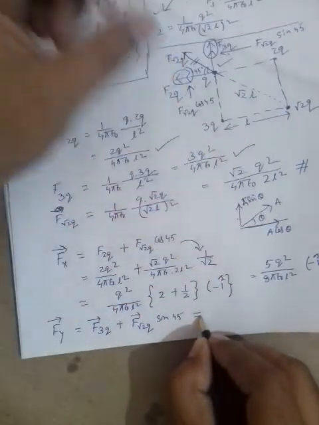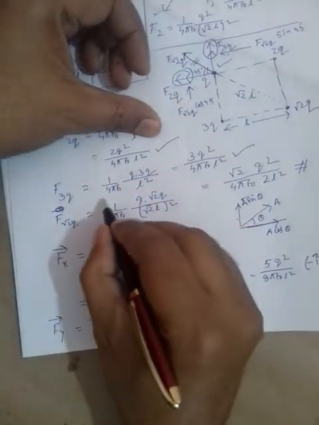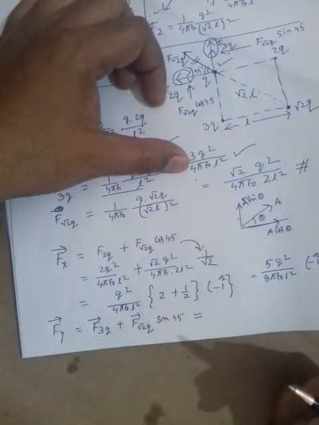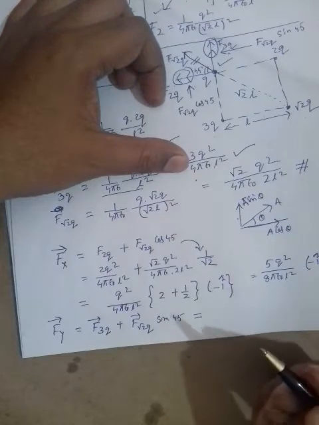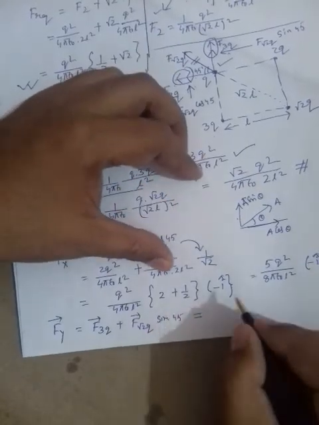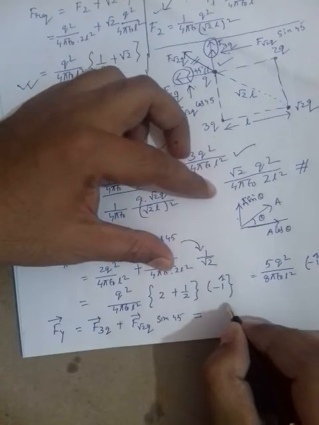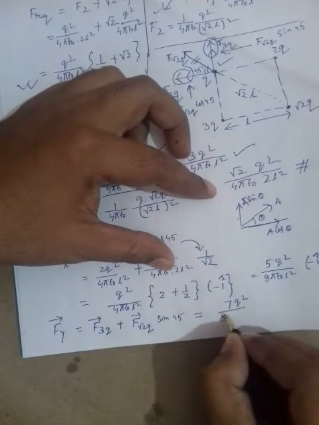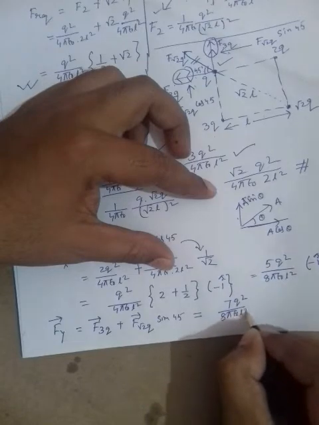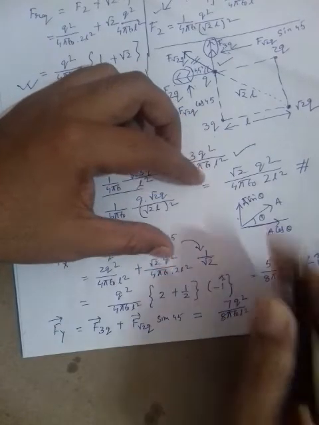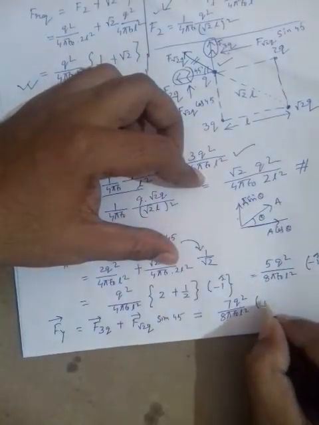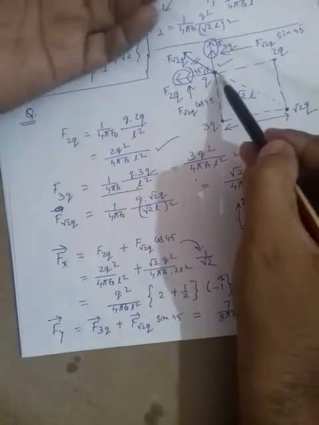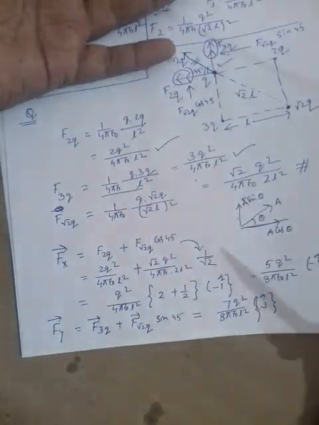If you put values accordingly, the force because of thrice q is available, meaning this one, and root 2q sine of 45 also available. If you put the value, it will be in the same way 7q square by 8 pi epsilon naught L square. It is now along y-axis, so j cap. So in this side total force and in this side total force calculated.